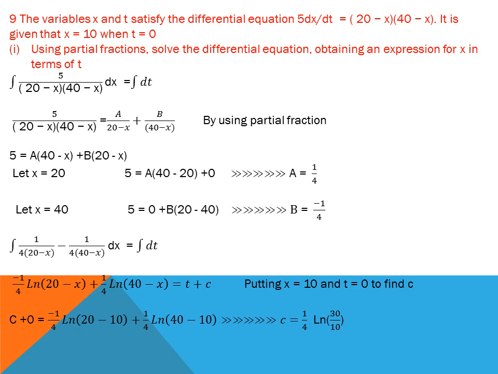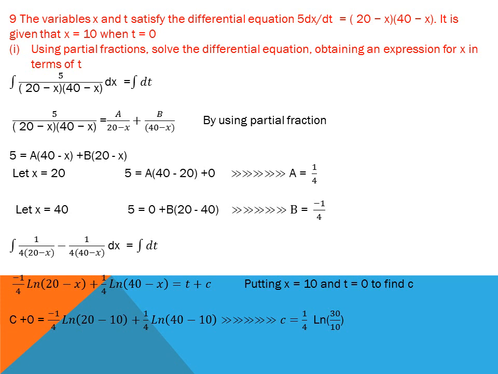In a similar way, we will again put the value x is equal to 40. So 5 is equal to 0 plus b into (20 minus 40). So b is equal to minus 1 by 4. When I put these values in the partial fractions, I get 1 over 4 into (20 minus x) minus 1 over 4 into (40 minus x). Now I integrate on both sides.